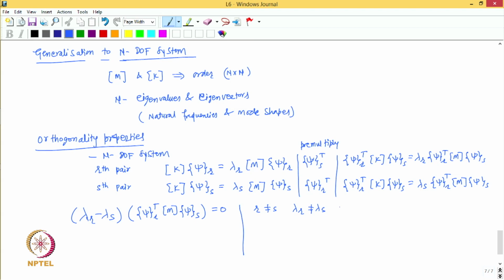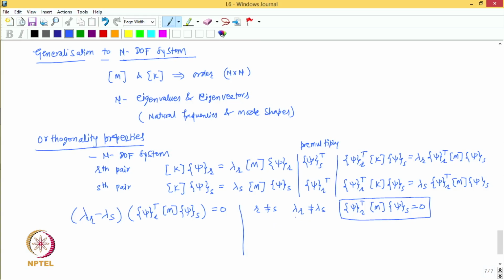Then psi r transpose m psi s should be equal to 0. This is a very important result. It says that the rth and sth eigenvectors are orthogonal with respect to the mass matrix, because this product psi r transpose m psi s is equal to 0.